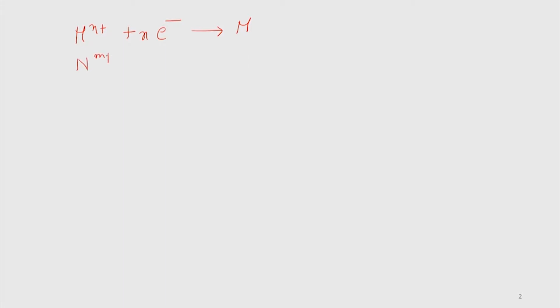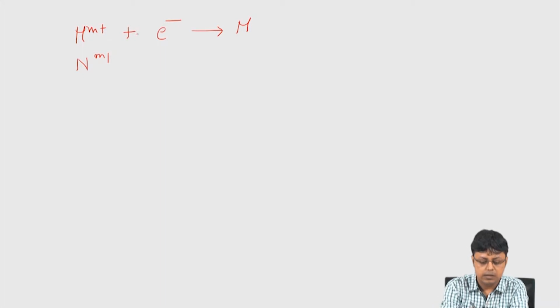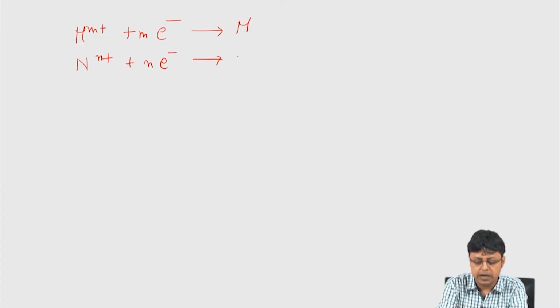But we usually write this reduction or oxidation in terms of the standard reduction, and then we will show that instead of writing the equation as this, one of the reactions will be spontaneous.